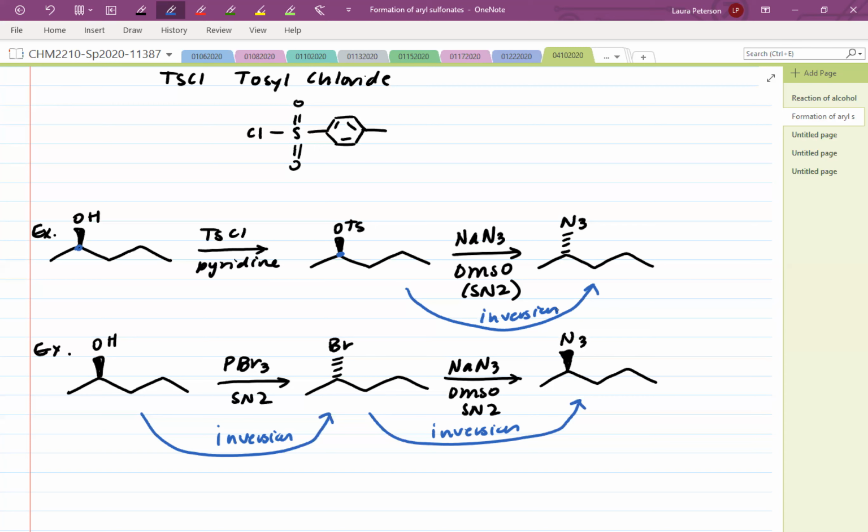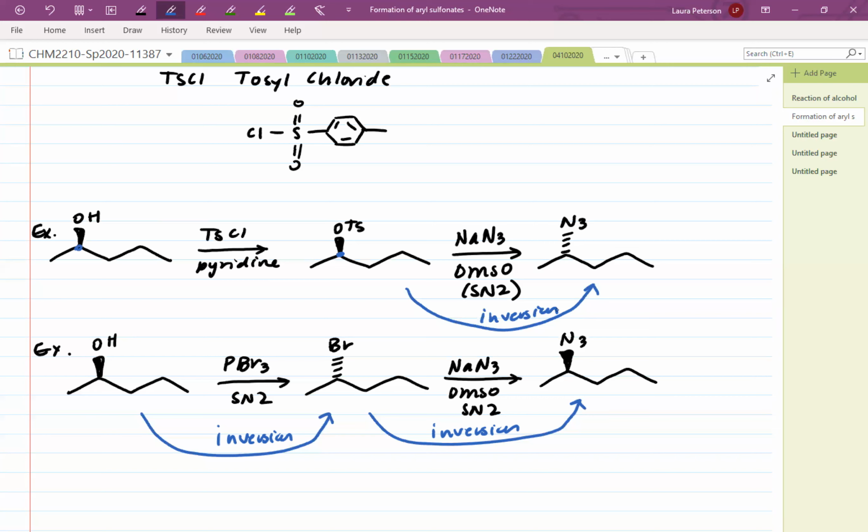In this case, the azide is on a dash. In the other method, I do inversion in the first step to convert to a bromide, and then inversion again in the next SN2 reaction. Overall, they're similar, turn into a good leaving group and then do SN2, but they're different in terms of their stereochemistry. That's something to keep in mind as you think about synthesis problems and use these reactions in context.